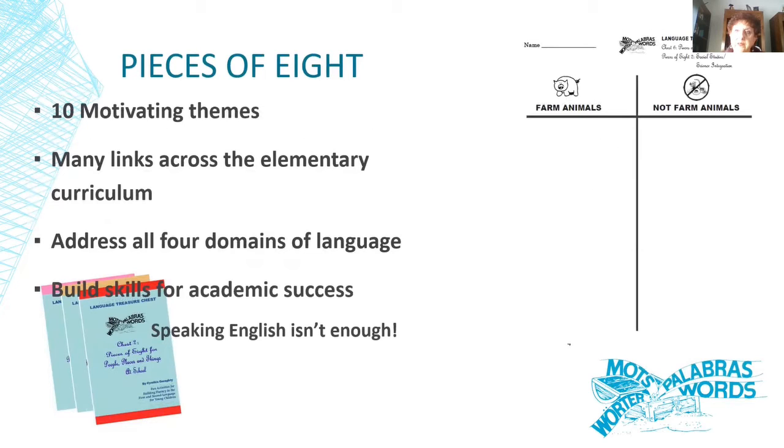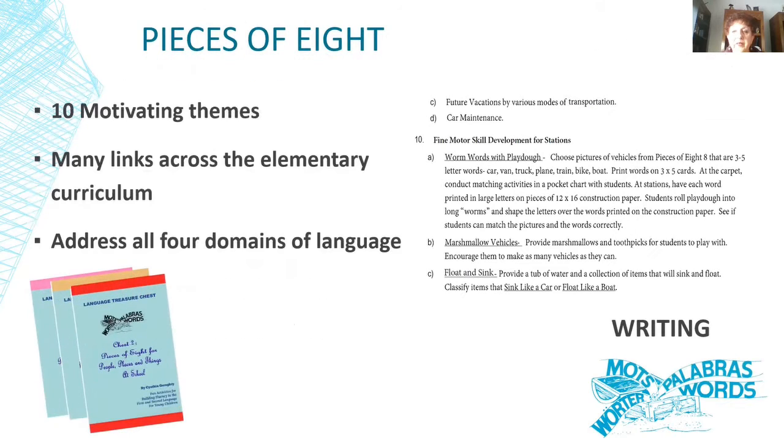Some of our students need fine motor development, especially our youngest pre-K and K students. This suggests that you can have worm words with Play-Doh and print out on cards some of the words that you want them to work on.